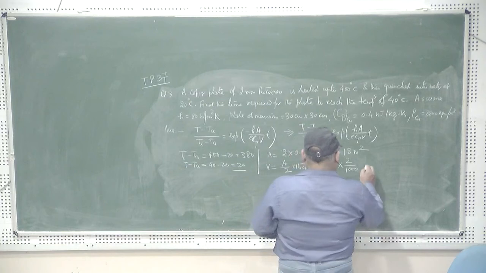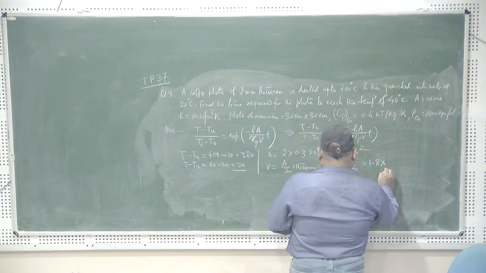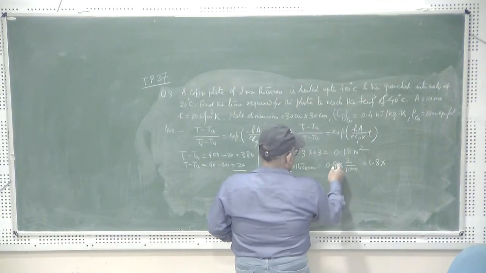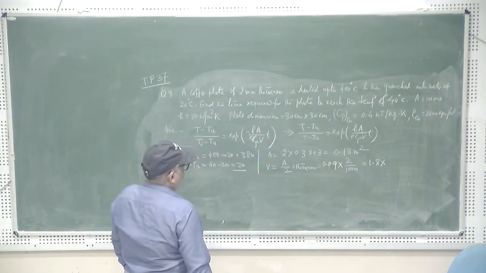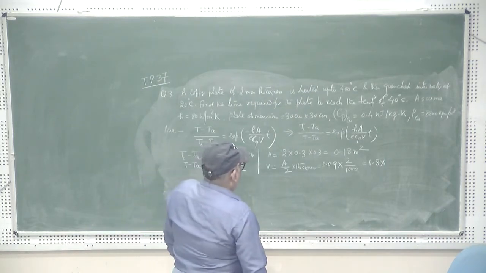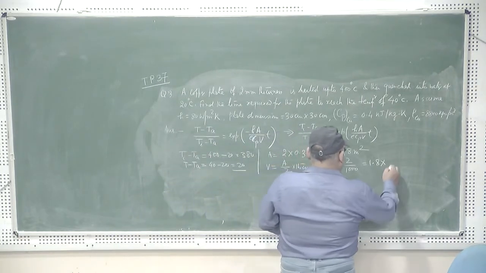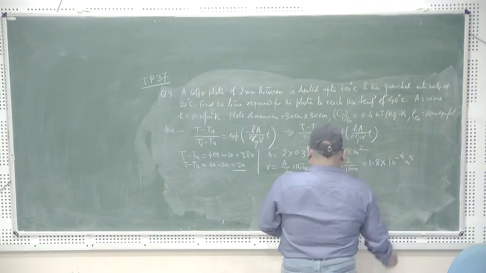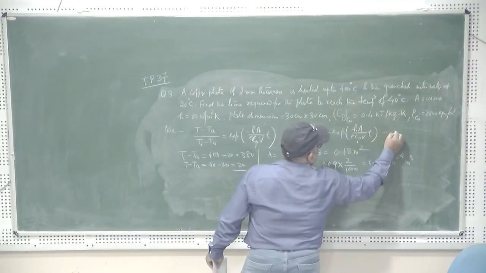So it will be 0.09 into 2 by 1000, that is equal to 1.8 into 10 raised to the power minus 4 meter cube. Let it be equation number 1.